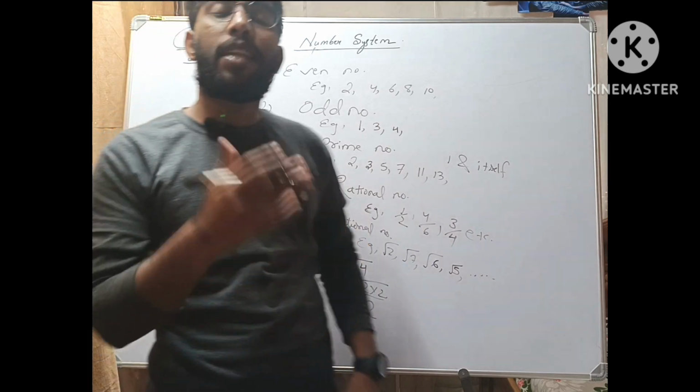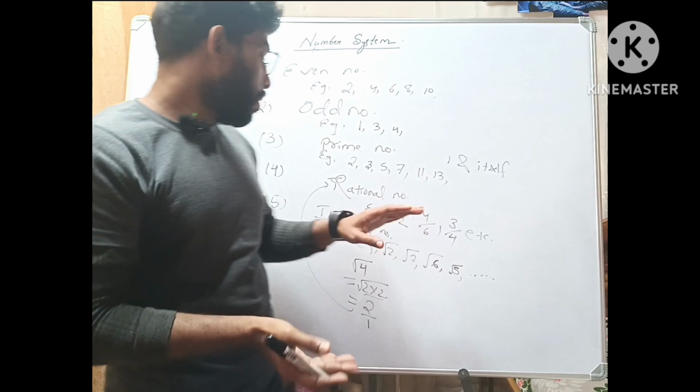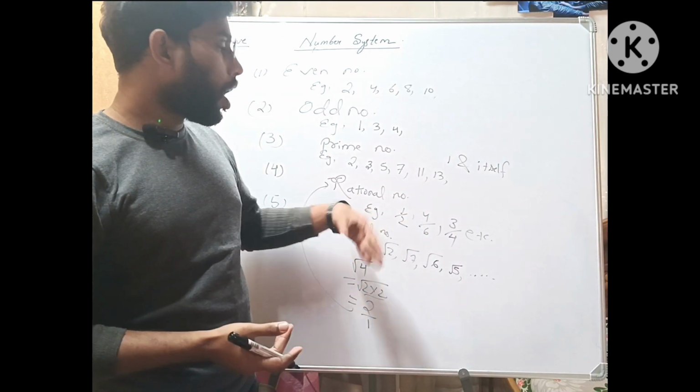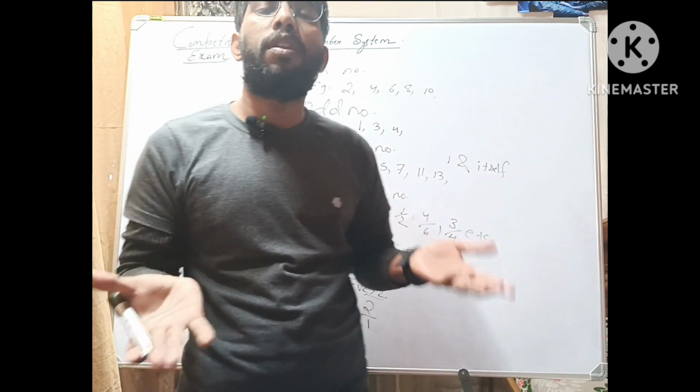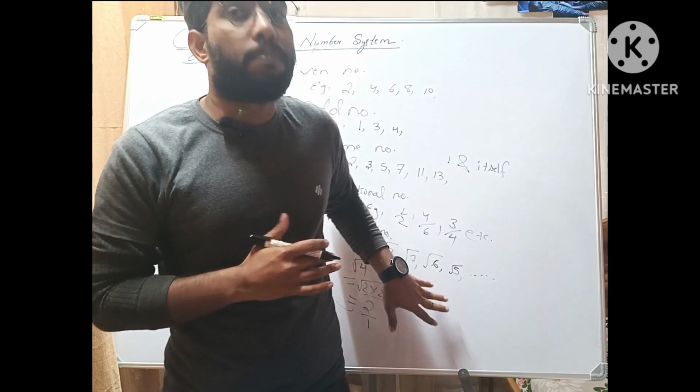It's not necessary that all square root numbers are irrational. If we are able to calculate it, that comes under rational number. If those numbers, like root 2, root 7, do not have a square root we can calculate so easily, these are irrational numbers.